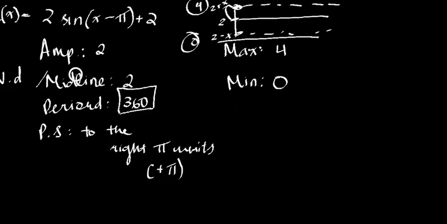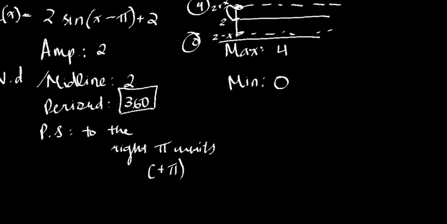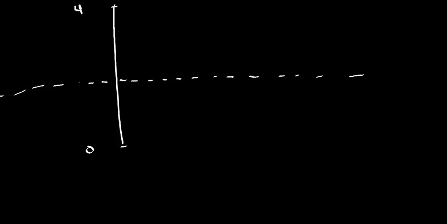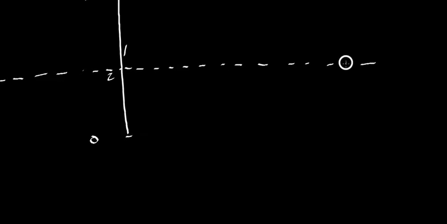Now our midline is 2. You know how you would normally graph your normal sine or cosine graph starting at 0. But now you're just going to start at your midline, so it's going to look like that.